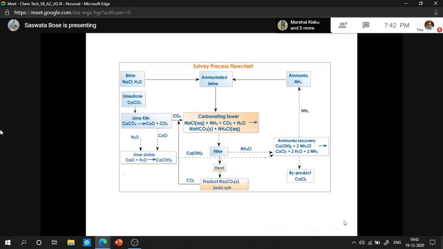First, the purified brine, এই যে এখানে দেখো purified brine, okay? It is being pumped to an ammonia absorber where it dissolves ammonia, এই যে এইখানে দেখছো ammoniated brine, okay?